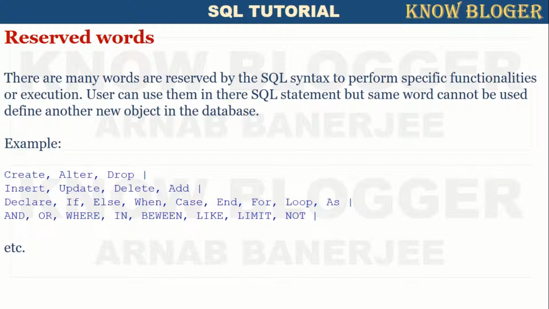You can use create to create a new object, but you cannot use the keyword create as the name of your new object. You cannot name an object alter because they are reserved. There are many other reserved keywords, but here some of them are listed. For example, create, alter, drop, insert, update, delete, add, else, for, loop. You can see on the screen, these are the keywords which are reserved by SQL.